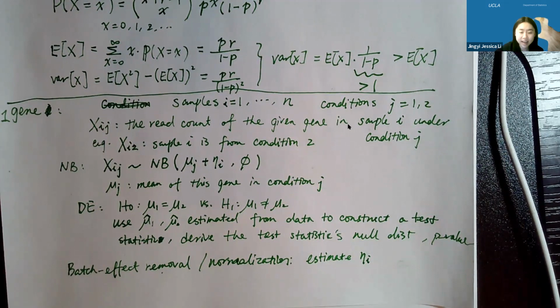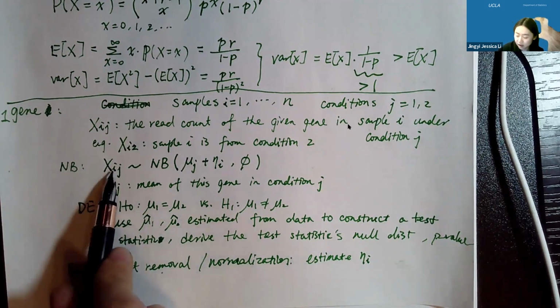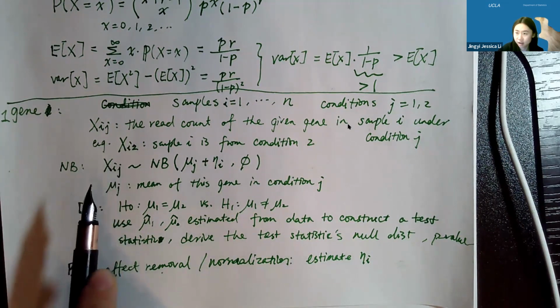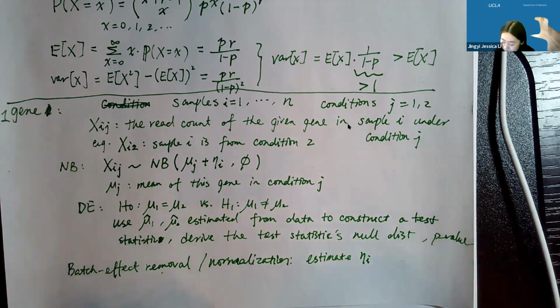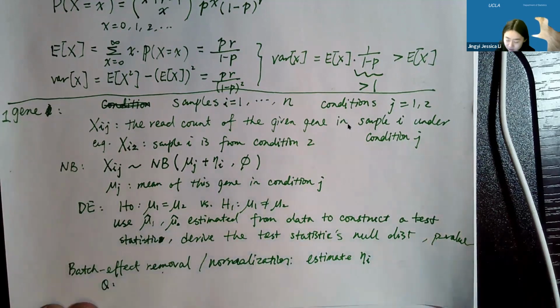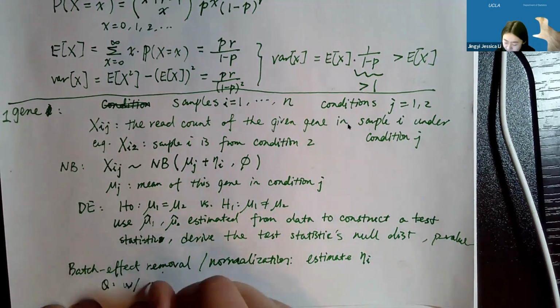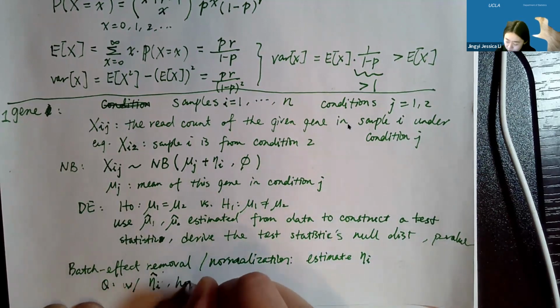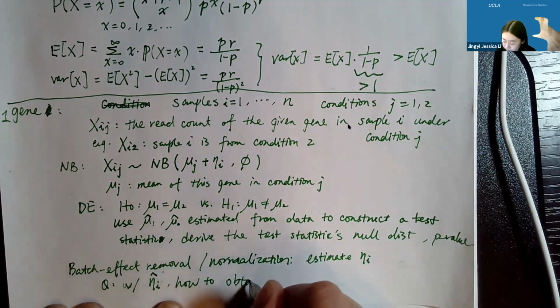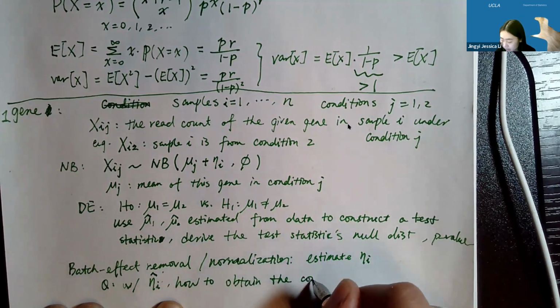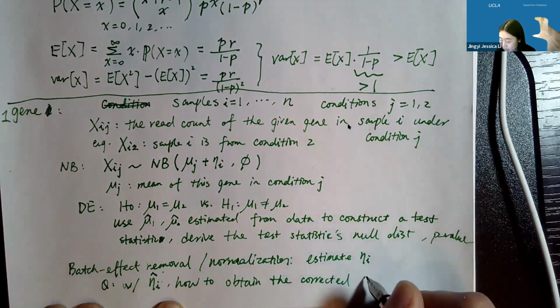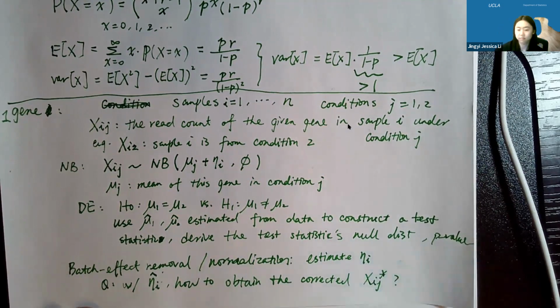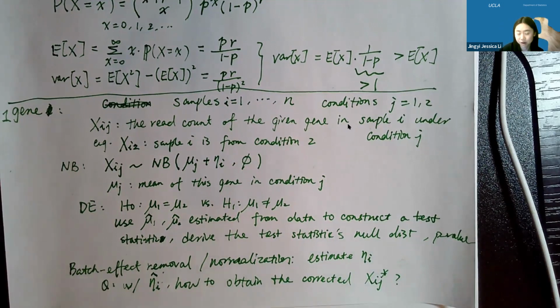So let's say that we have the estimate of the eta I. How do you normalize your data? So how do you get the corrected xij from xi? So the question I leave for you here is that with the estimated eta I hat, how to obtain the corrected xij star from xij and from the parameter estimation.